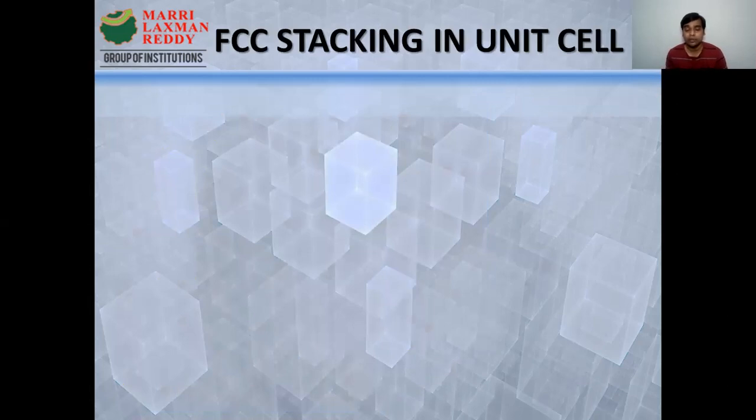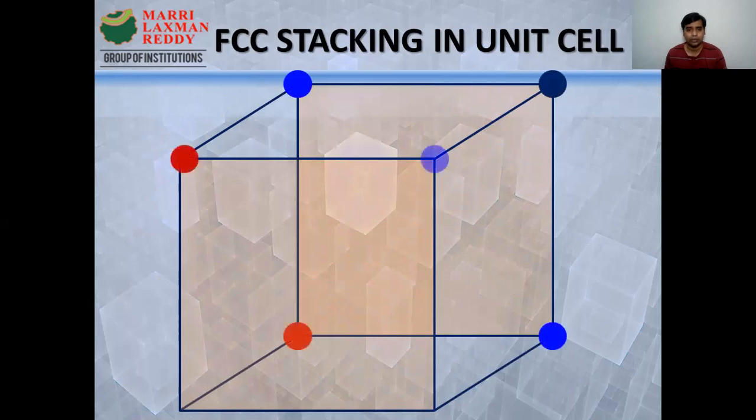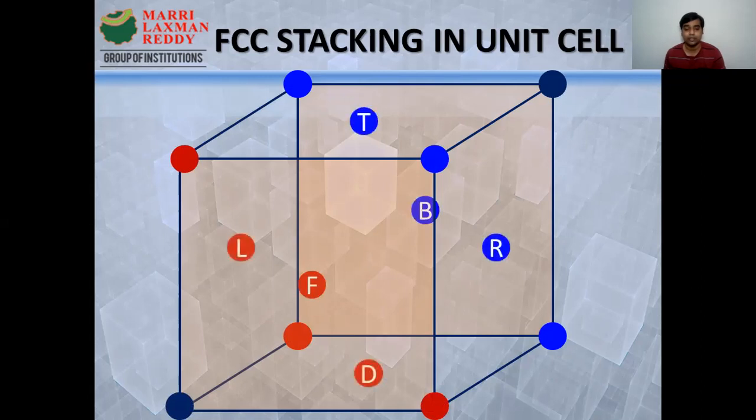Now how can we view such stacking in the FCC unit cell? Let us see. Here I considered an FCC unit cell, a cube, with 8 corner atoms and 6 face center atoms: front face, back face, top face, right face, down face, left face.